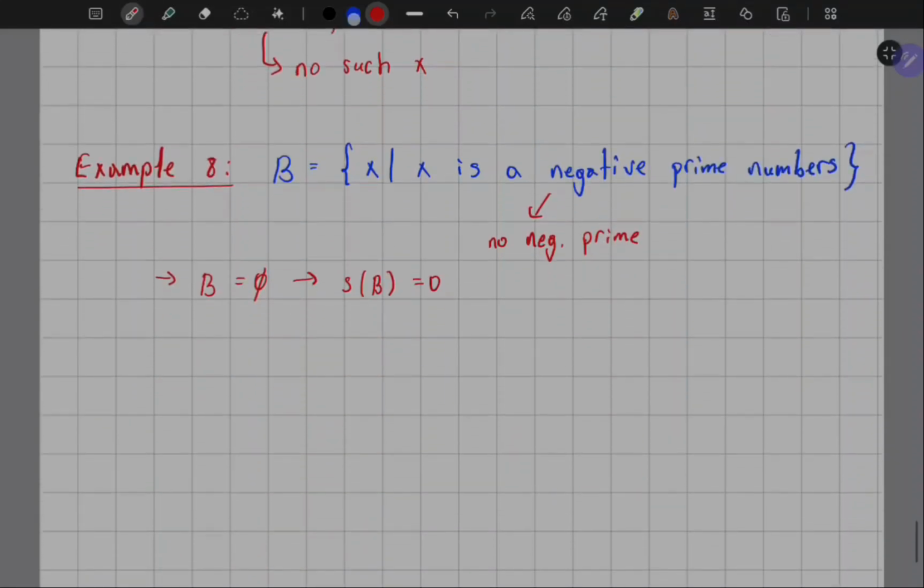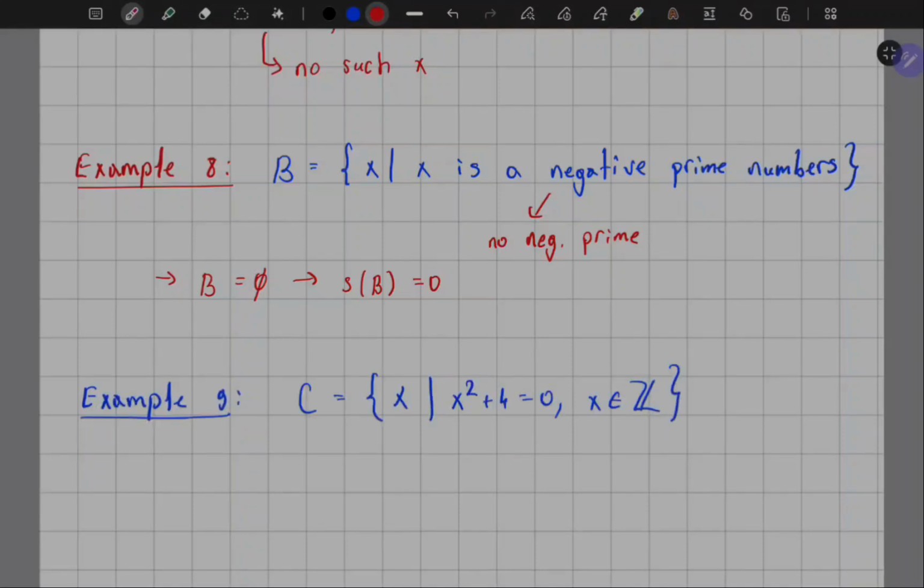Let's continue with example 9. Here we are given a set C which contains x's such that x squared plus 4 equals 0 and x is an integer. And we are asked to find the value of the cardinality of C. Here we have a condition on x, which is that it satisfies the given equation: x squared plus 4 equals 0.